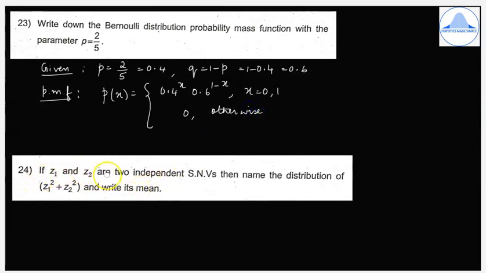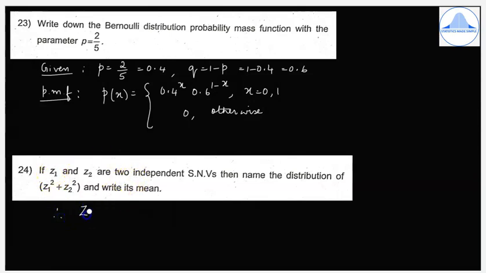24th question, if Z1 and Z2 are two independent standard normal variates, then name the distribution of Z1 square plus Z2 square and write its mean. So, we know that if Z1 and Z2 are two independent normal variates, then the square of a standard normal variate is a chi-square variate with 1 degree of freedom.